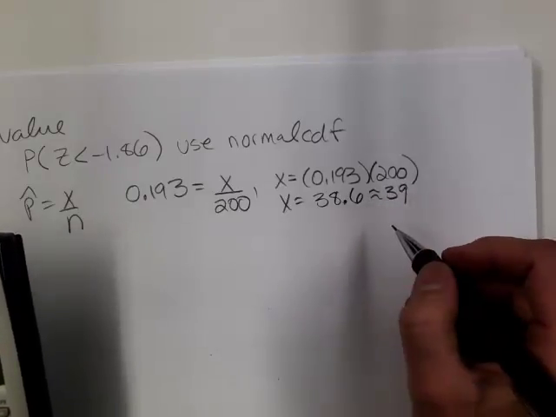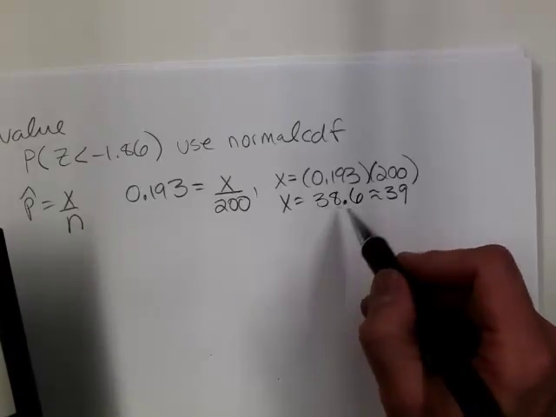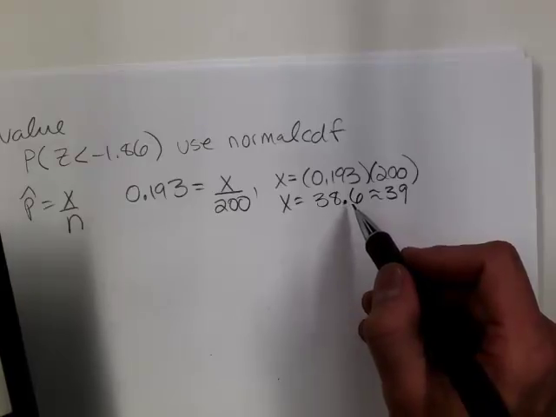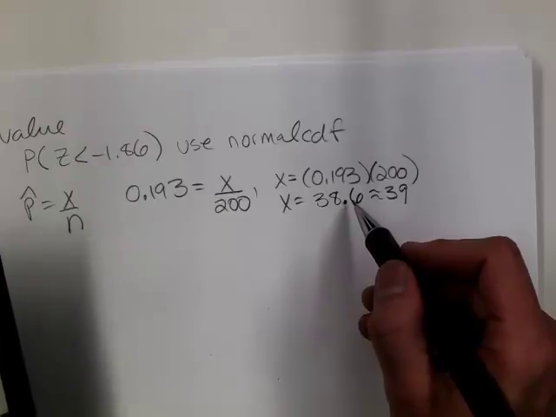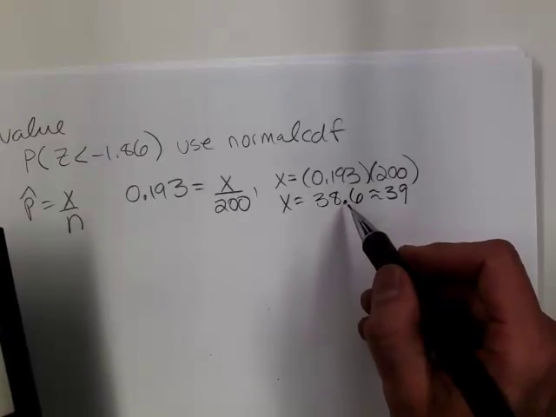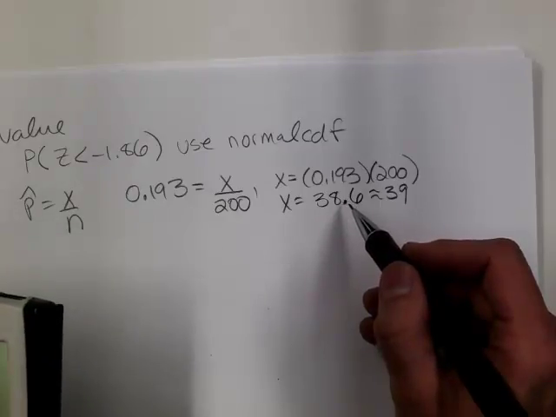Now what's interesting is StatCrunch will let you put in 38.6. So StatCrunch's output will be slightly different than the calculator's. So when you try this in StatCrunch under Stat, then Proportion Stats, you can go ahead and put in a decimal value for the successes, but not in the calculator.